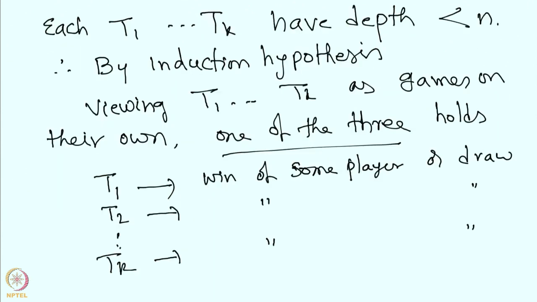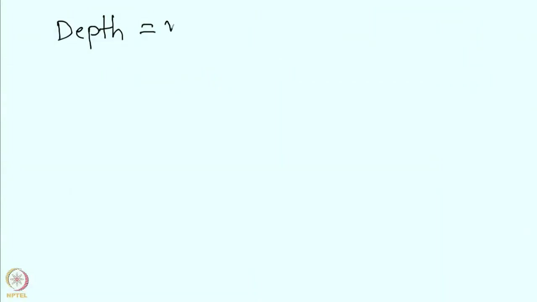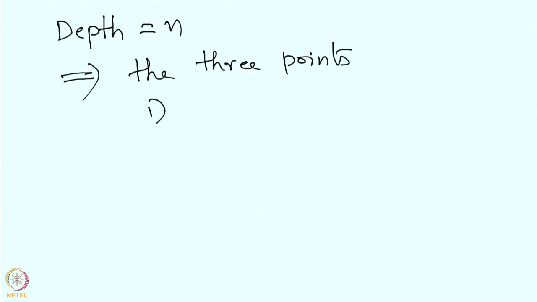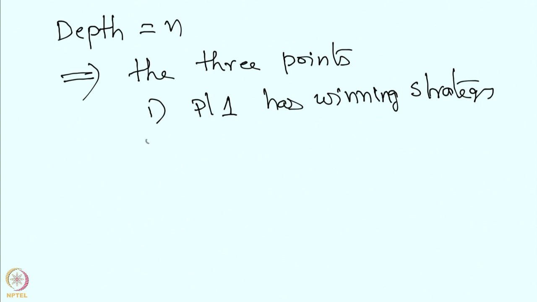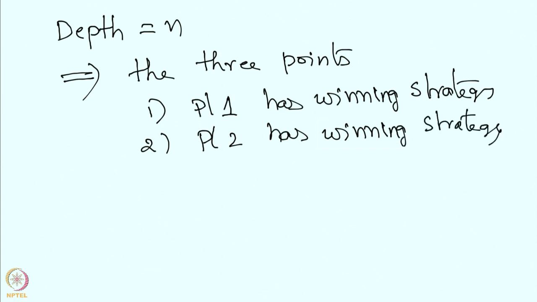So in essence what we are really saying is that the induction hypothesis with depth equal to n implies the 3 points. Let me recall: one is player 1 has a winning strategy, second is player 2 has a winning strategy, third is the game ends in a draw.